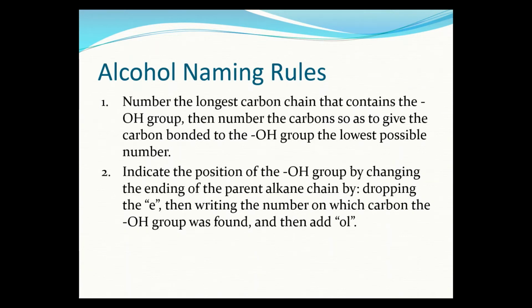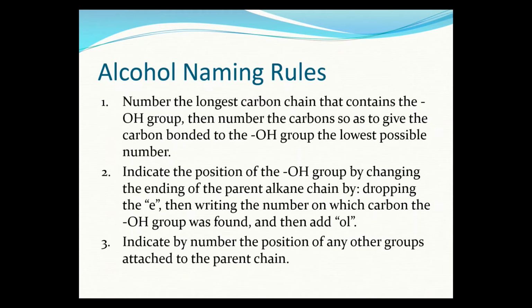Indicate the position of the OH group by ending the parent name, dropping the E and writing the number of the carbon the OH occurs on, and then add an "ol". Then indicate by number the position of any groups attached. So it's almost identical to alkenes, but instead of ending in "ene," they end in "ol."